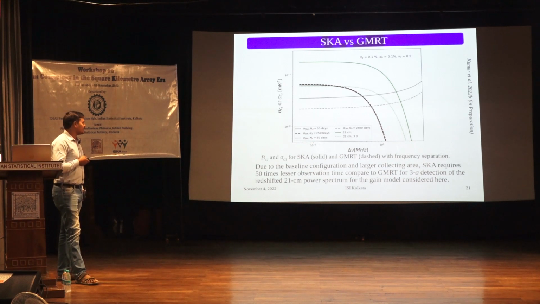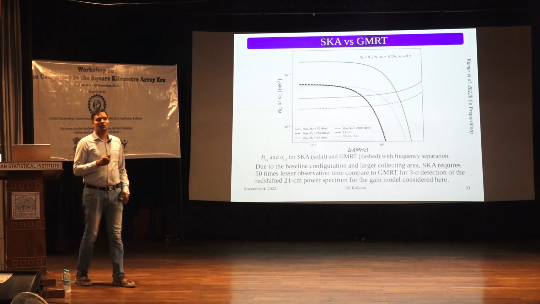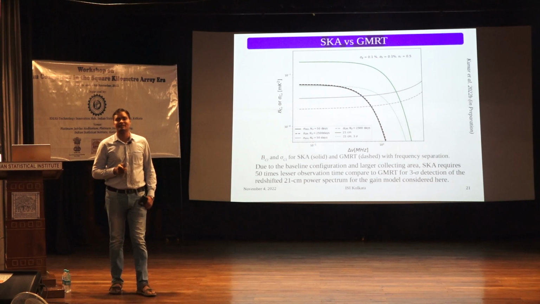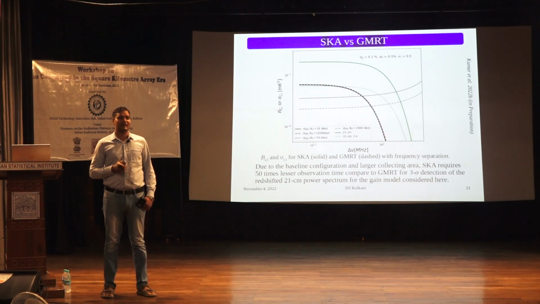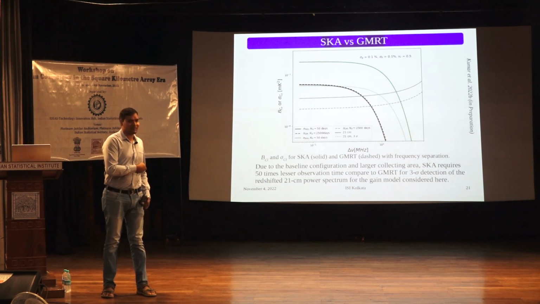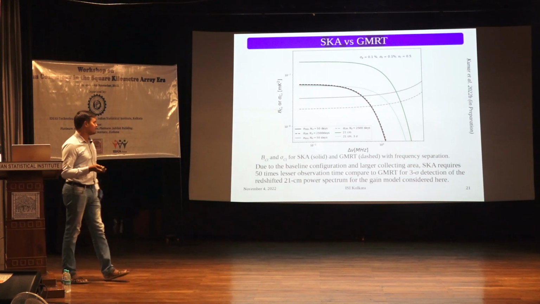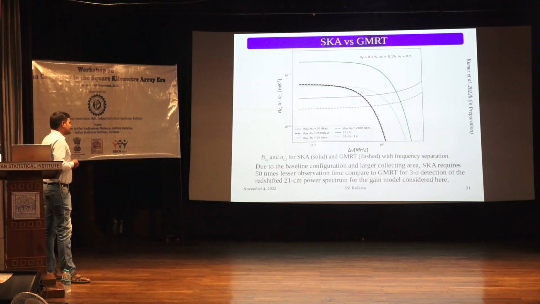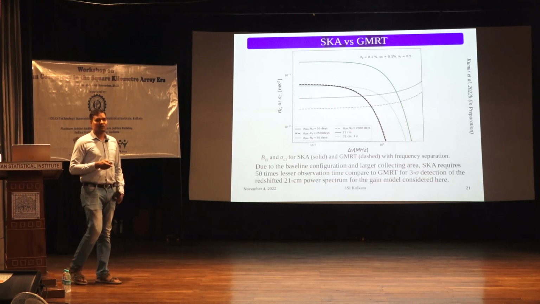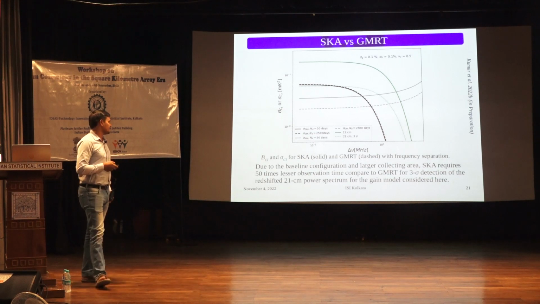We find that SKA1 low will take approximately 50 times less time compared to GMRT with these gain error models which we have used here. In a real scenario, results can be different, and they will be different also.